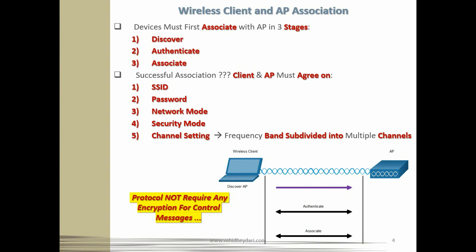What it first tells you is the three stages required for a wireless device to associate with an access point. In my scenario, I'm going to have two mobile phones, one Nokia phone and one iPhone. The iPhone on the right hand side is going to act as the access point for me, and the Nokia phone on the left hand side is going to act as the wireless client.